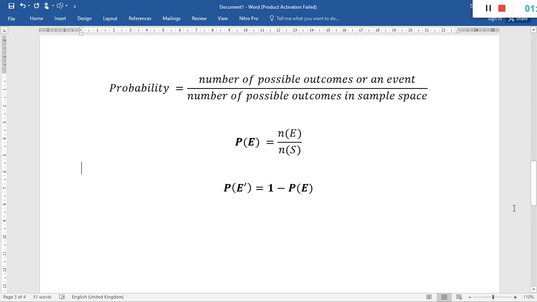Take out the 8 from the sample space. Who is talking? I can hear so many voices. Okay, Miriam, go first.